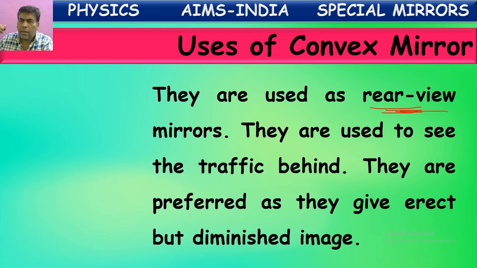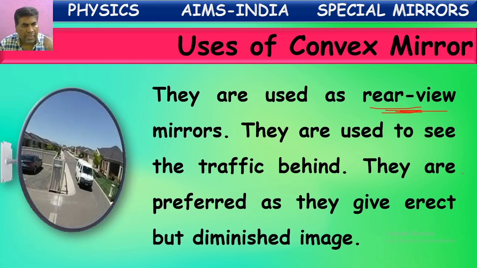I can observe the lorry image in a small size, so that I can check it easily. Why? Because they give an erect image. In whatever way the lorry is coming, it will show in the same way. It won't show upside down. The tyres will not go up and the body will not come down. It will show an erect image, but a small image.